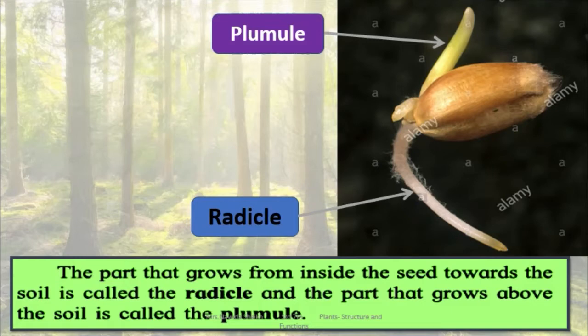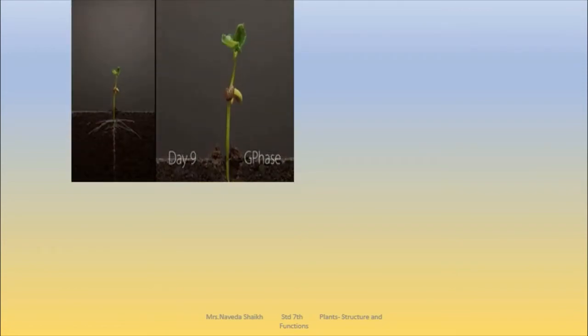This plumule is the reason you can see the trees on the surface of the earth. You cannot see the roots, but you can see the entire tree that is formed because of this tiny part. The next part forms the shoot. In this picture you can see the seed coming outside from the soil.